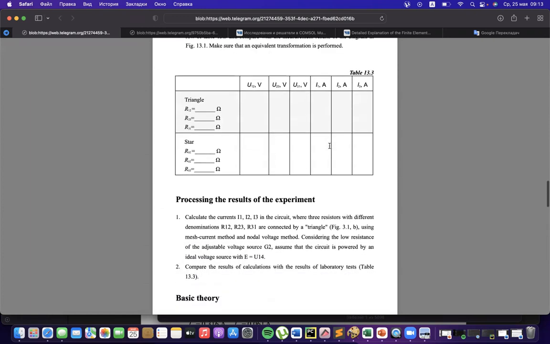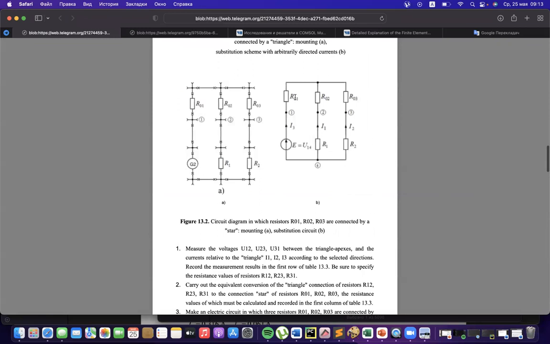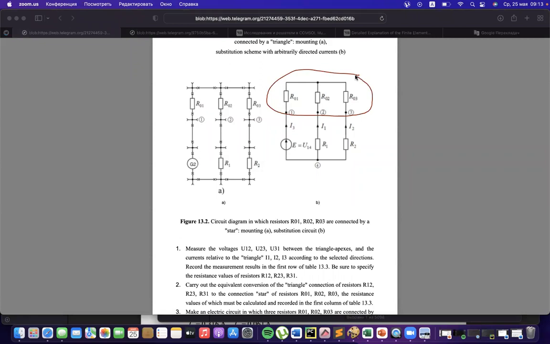You should recalculate the star transformation, what resistors you should put in the upper part of the circle to obtain the same equivalent circle after the transformation. It is the main idea.